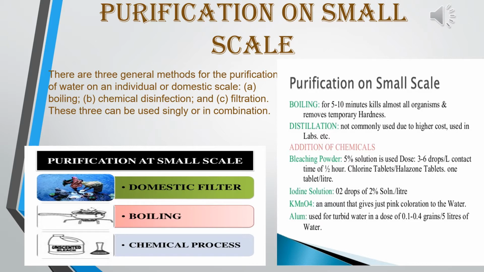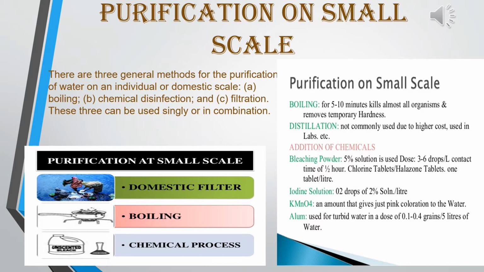Distillation is not commonly used due to higher cost; it is used in labs, etc. That's why distilled water we generally get in labs. Addition of chemicals: bleaching powder, 5% solution is used, dose 3 to 6 drops per liter, contact time of half an hour.